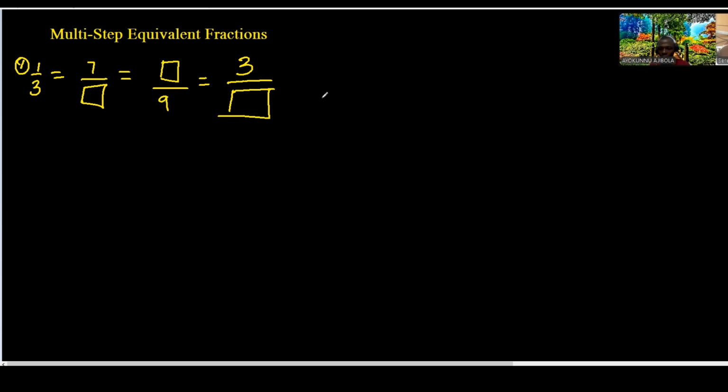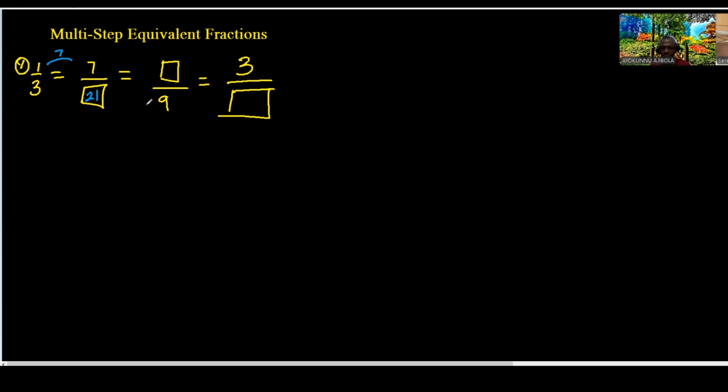Now, what we need to consider here is, we have to find out what is 7. What is 1 times something equals 7, which is 7. So if I times 3 by 7, it's going to give me 21, right?